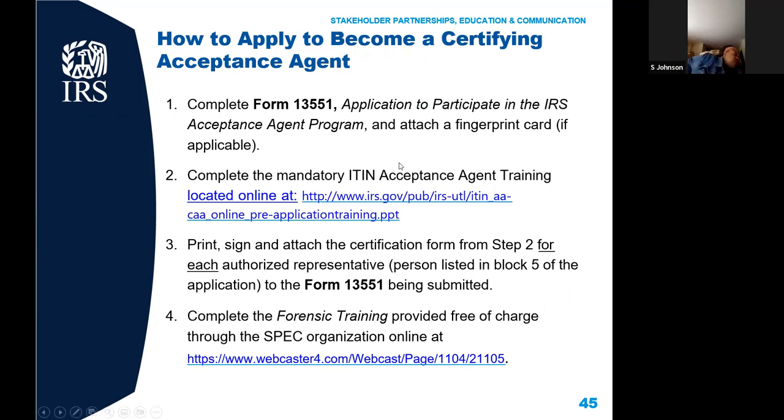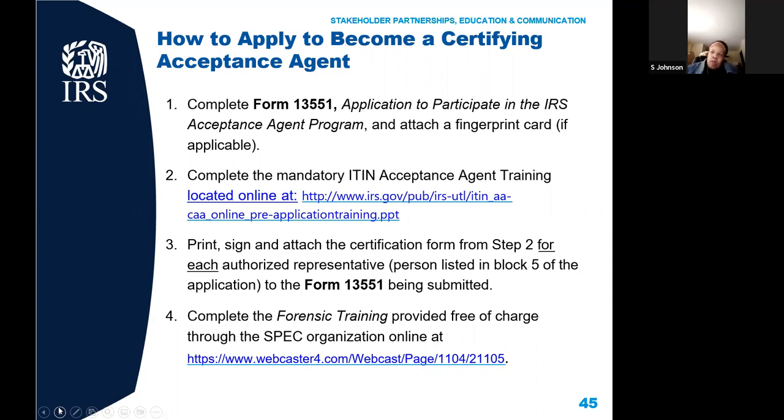They had a moratorium since August of 2022. They're revamping that acceptance agents program right now. So right now, whoever is an acceptance agent now is what's going on. People can become acceptance agents, but that process won't start until August of 2023.